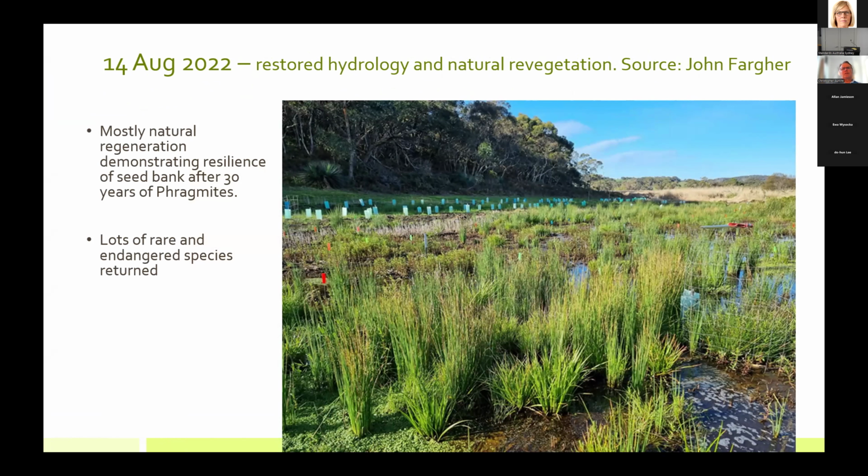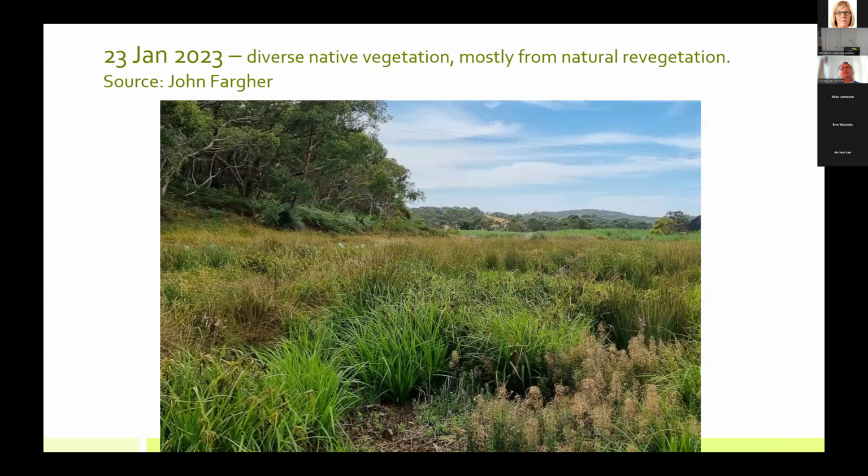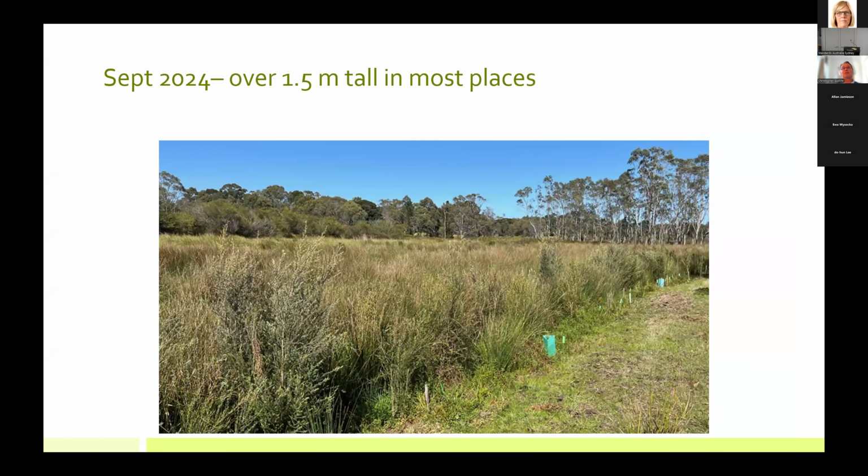Basically, that resilient seed bank of at least 30 years of monoculture of Phragmites was amazing, in that there's now 70 to 80 native species that have re-emerged naturally, and some additional selected endangered plantings from the Seed Conservation Centre from the Botanic Gardens that's enriching this area. That's the site in January 23. And that was it basically a few months ago, and it's well over 1.5 metres tall.